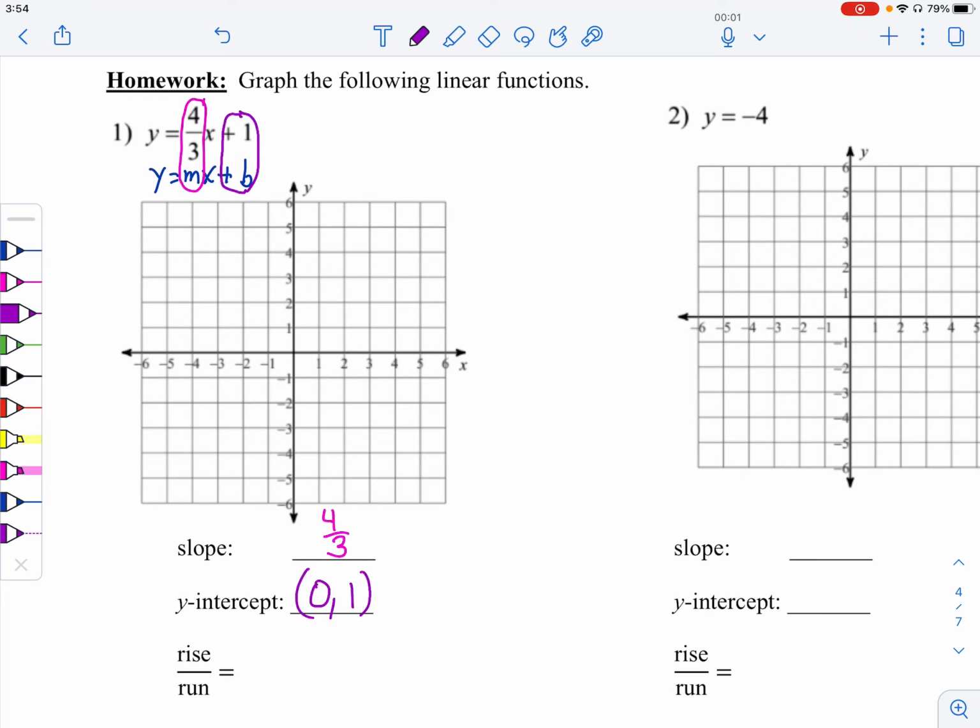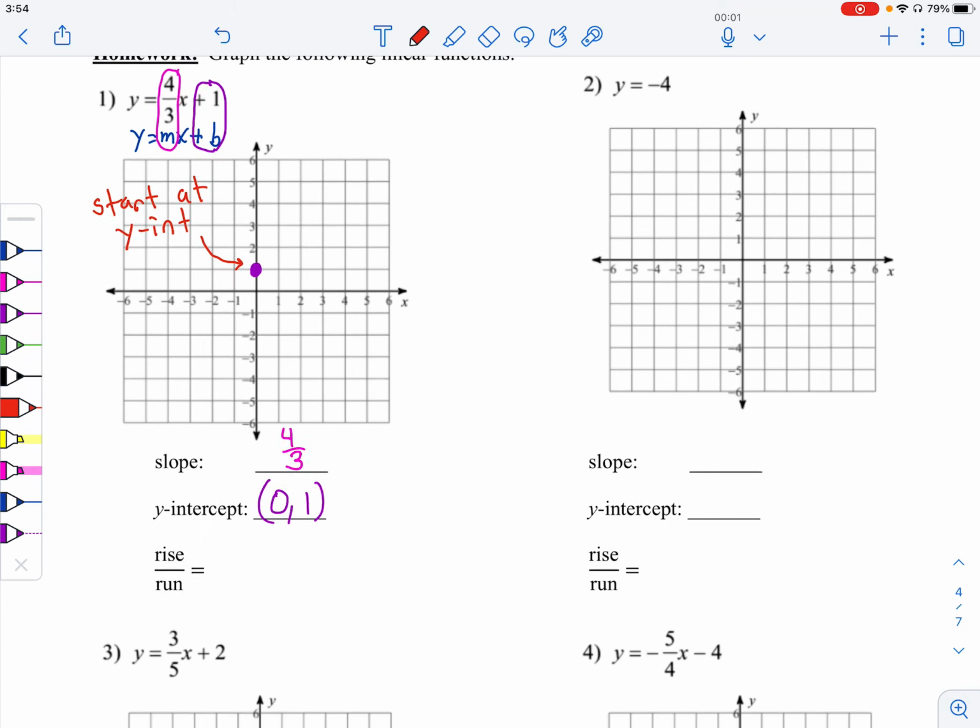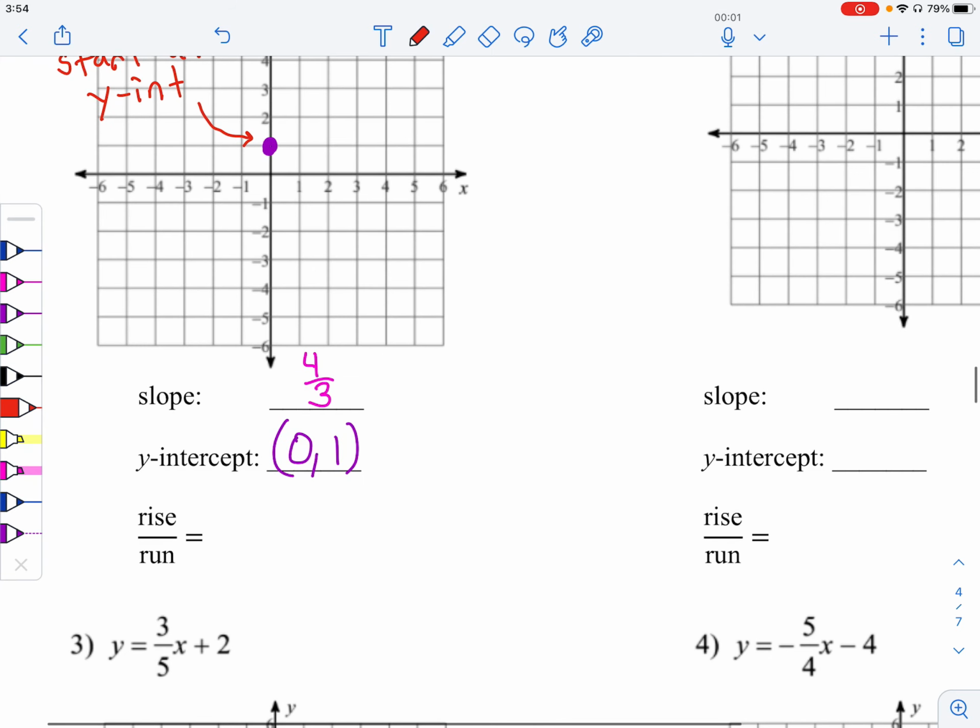So we're going to start at our y-intercept, (0, 1). So 1's here. So that's our y-intercept. Start at the y-intercept. Then we're going to use our slope, which is 4/3. So if our slope is 4/3, rise over run, so +4, +3.